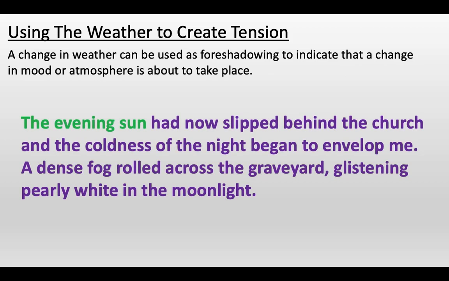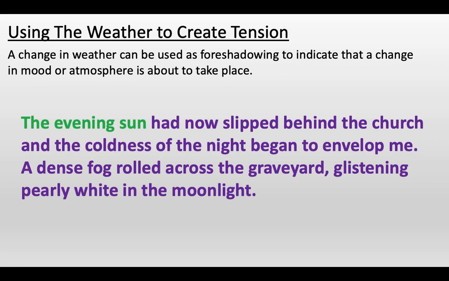So, it says, the evening sun had now slipped behind the church and the coldness of the night began to envelop me. A dense fog rolled across the graveyard, glistening pearly white in the moonlight. So as we can see, the green at the start, then the evening sun, as we saw in one of the images with a potential sunset earlier, that had quite a calm emotion, quite still.